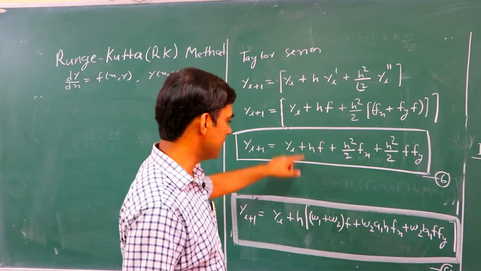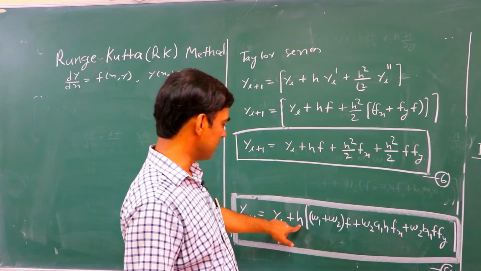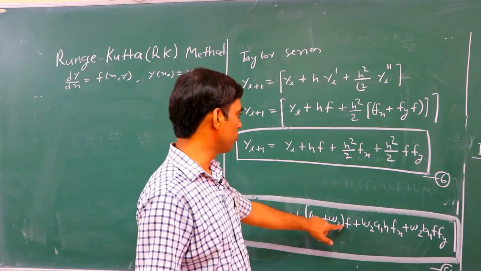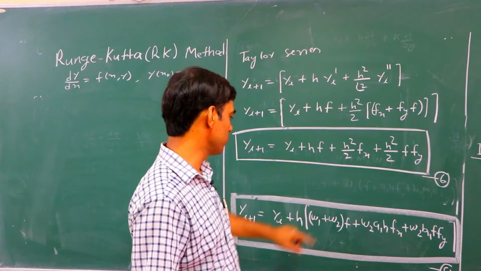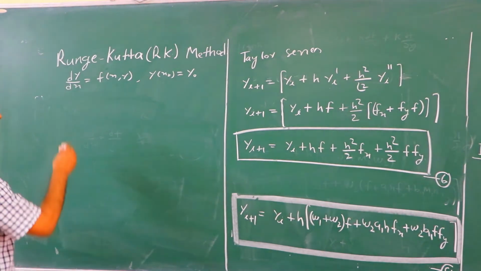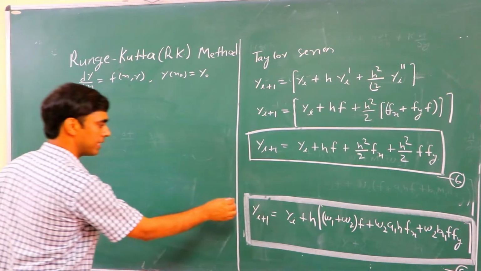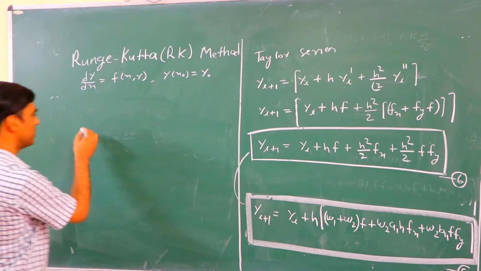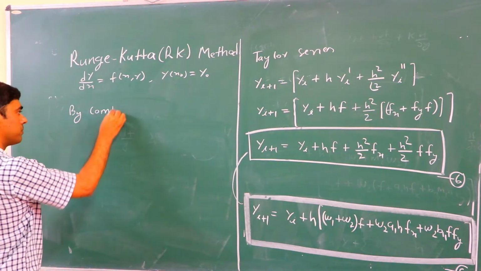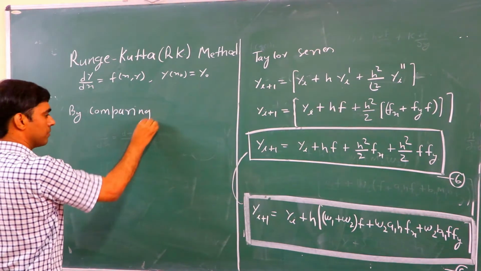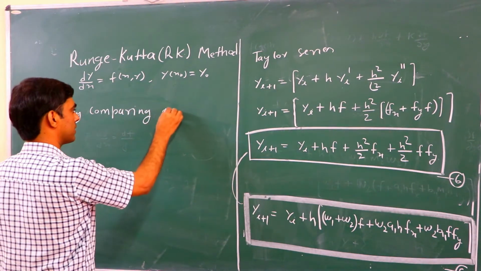So if we compare here, this one is a multiple of h, W1, W2, f. So the first term gives W1 plus W2, by comparing equations 5 and 6.